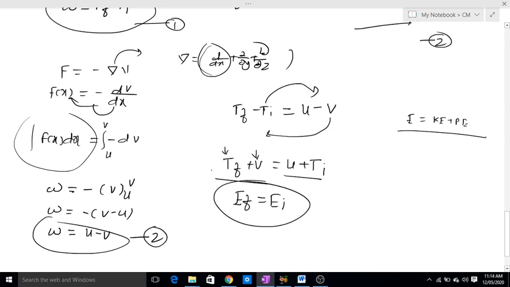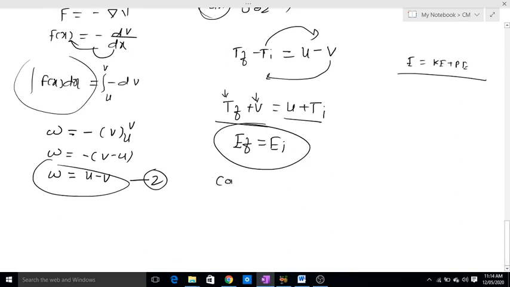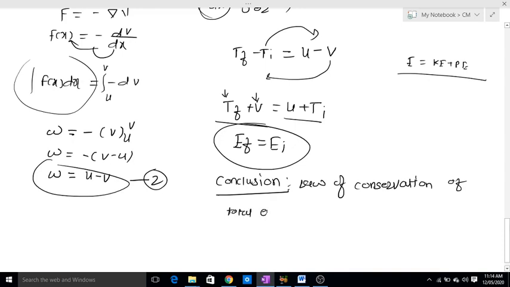That's why you can say that the law of conservation of energy holds good when the force is position dependent. देखिए इससे ये कंक्लूजन निकल के आया कि law of conservation of total energy holds good when the force is position dependent.